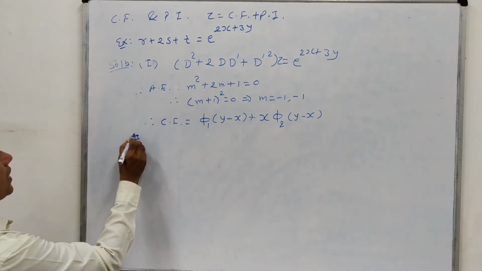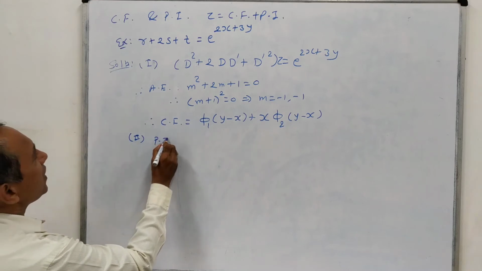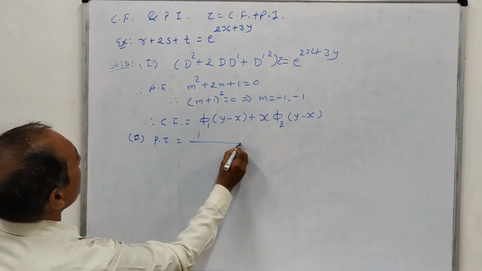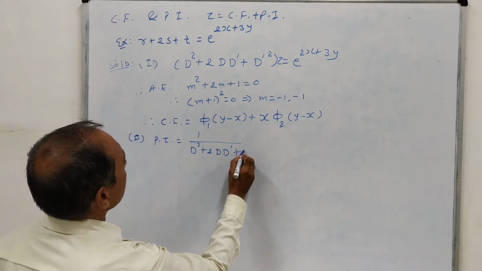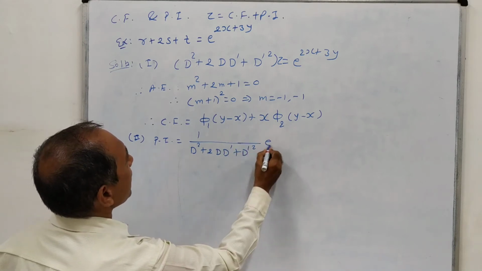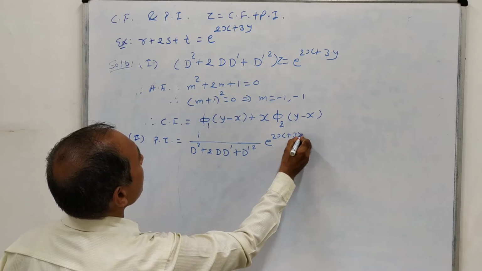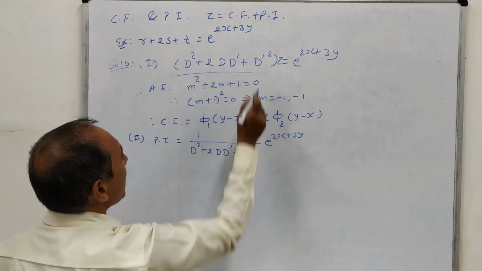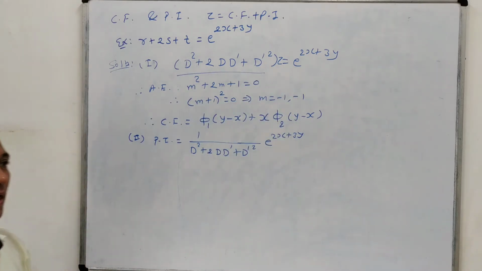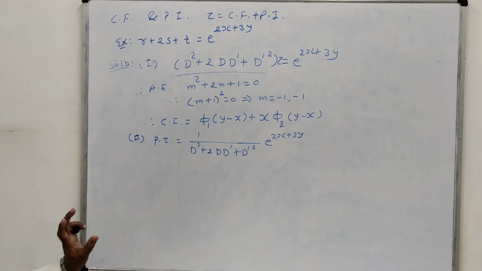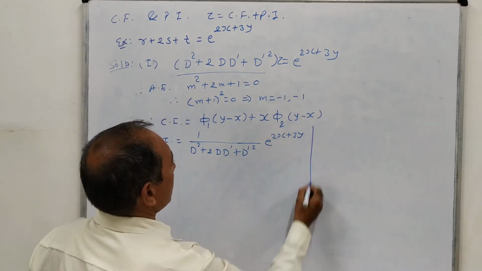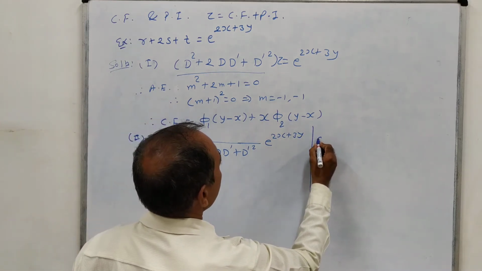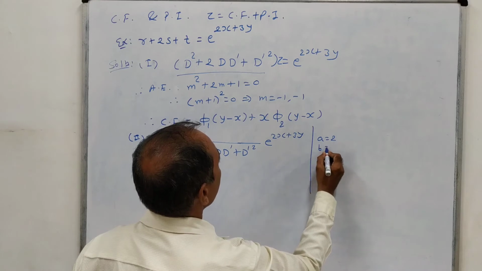Now we go for the second part, PI. Here PI is 1 upon D square plus 2 D D dash plus D dash square. At least you can write this part, there is no need to write Z over here. Only write this part into e raised to 2x plus 3y. Then it is very easy, because whenever we are given e raised to ax plus by, here a equal to 2, b equal to 3.